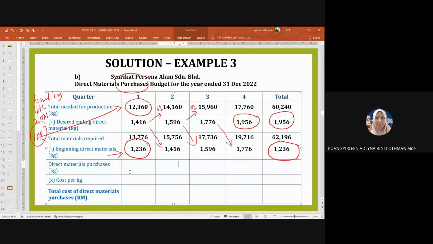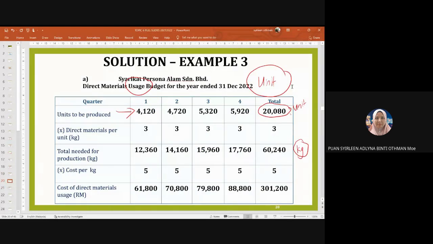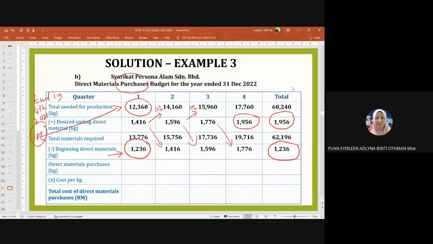So direct material purchases, okay. Direct material purchases tadi ambil dari mana? Okay, sekejap. Okay, direct material purchases kita akan tolak tadi tu. Okay, your total direct material required, you akan tolak dengan beginning inventory.